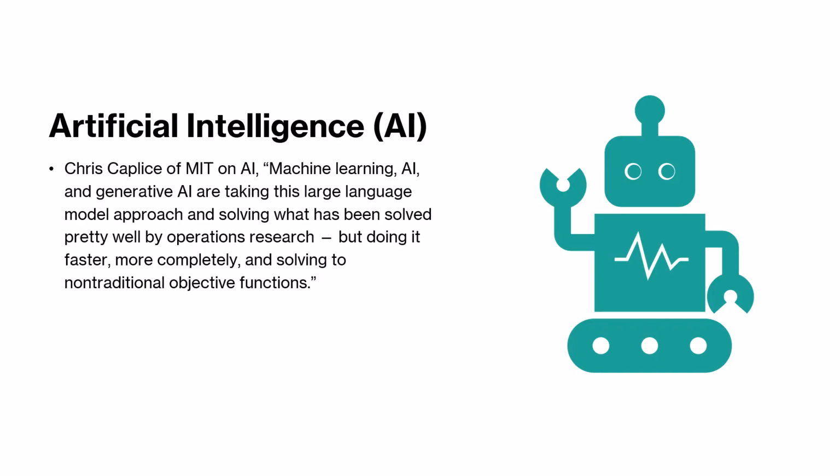I've also included a little quote here from Chris Caplice from MIT that I think really nails AI. "Machine learning, AI, and generative AI are taking this large language model approach and solving what has been solved pretty well by operations research, but doing it faster, more completely, and solving it to non-traditional objective functions."